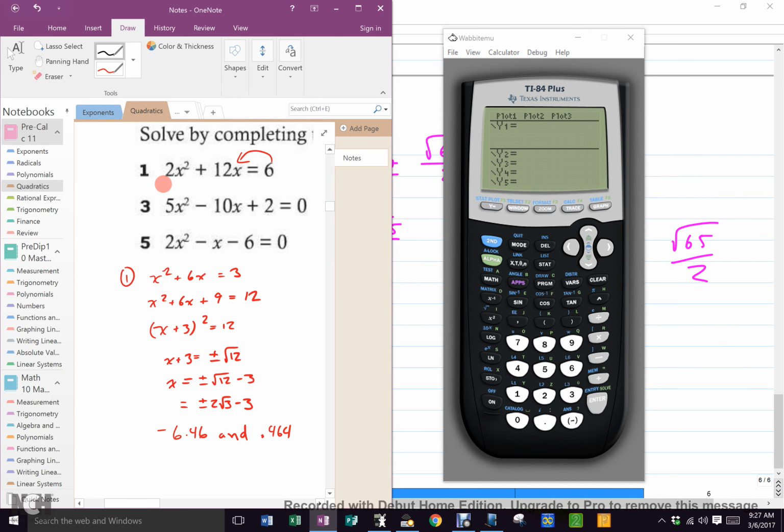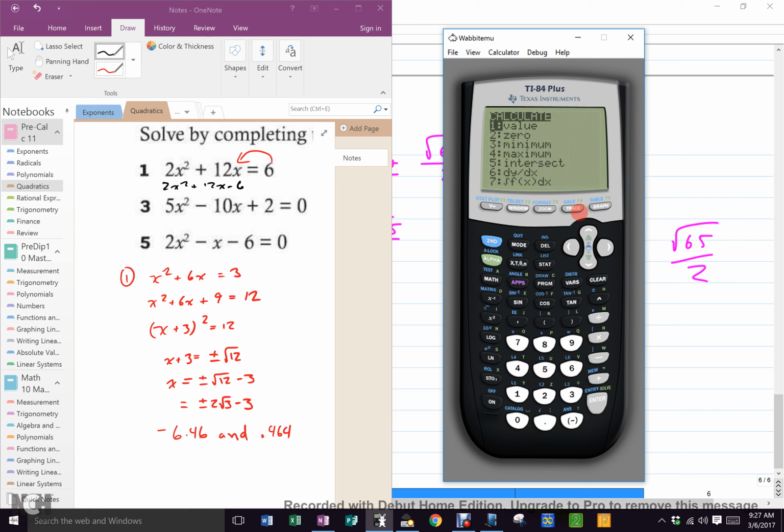So what I punch in is 2x squared plus 12x minus 6 to get in that form. 2x squared plus 12x minus 6. Enter. Graph. There's my graph. There it is right there.